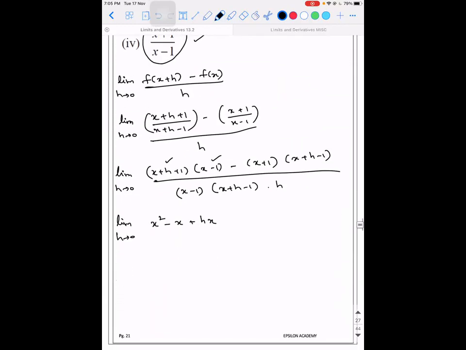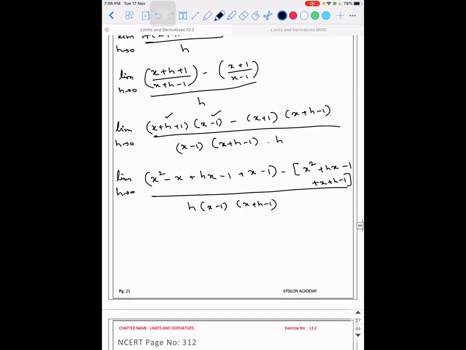Yes, sir. So x square minus x plus hx minus h plus x minus 1 minus of x square plus hx minus h plus x plus h minus 1, the whole divided by h into x minus 1 into x plus h minus 1. Correct?